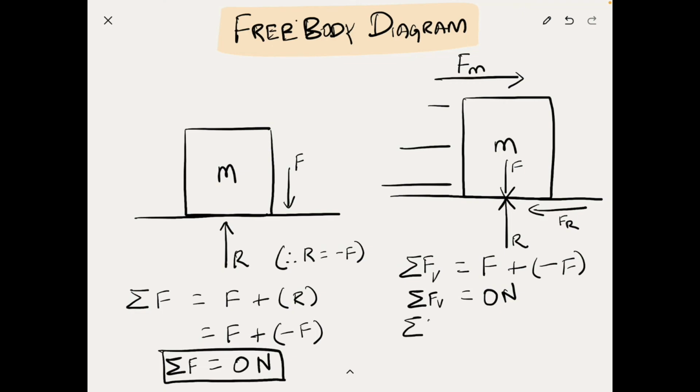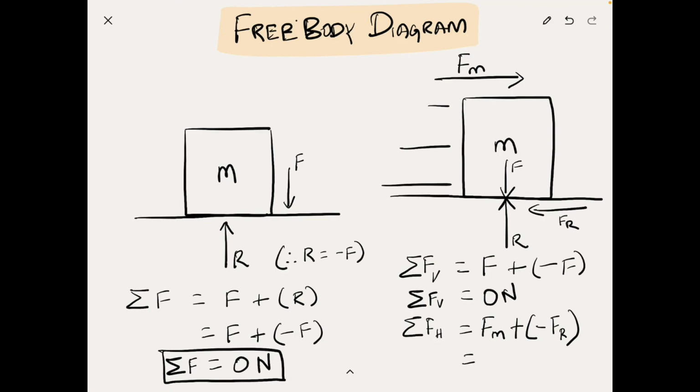So the net force in the horizontal direction, summation of Fh, is equal to force Fm, which causes the motion, plus negative of the friction force, which I represent here as minus Fr.